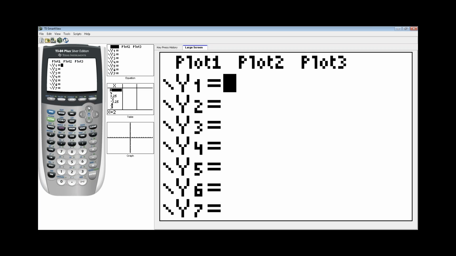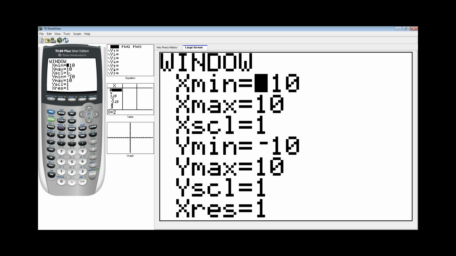First, make sure that your y equals screen is cleared. You may want to set your window to the more standard window. Your x minimum is -10, the x maximum is 10, x and y scale is 1, the y minimum is -10, and the y maximum is 10.